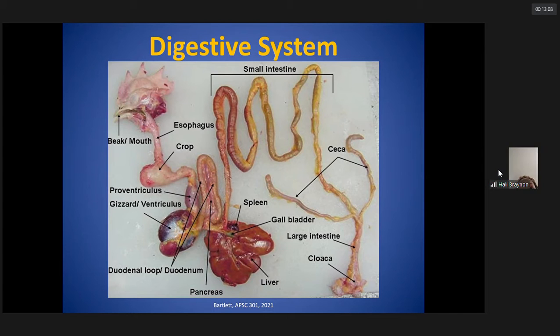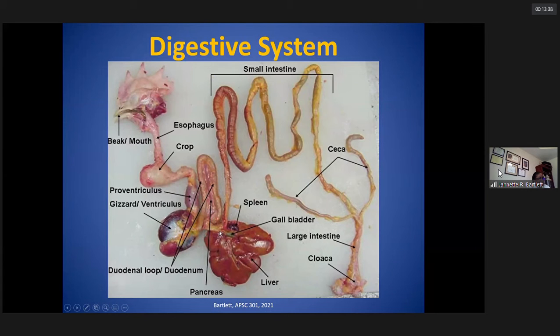What did you say was the part in the small intestines, the different parts? The 2 other ones in the middle. So the first part here, which is named right here, is the duodenum, or because it forms a loop, they call it the duodenal loop as well. And within this loop there's a little soft spongy thing, that is the pancreas.